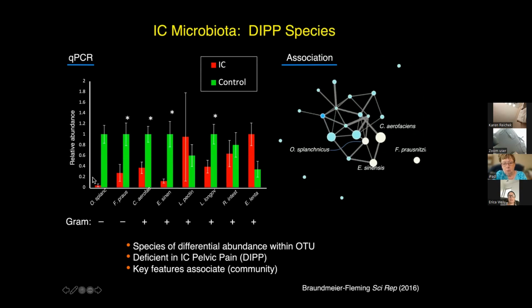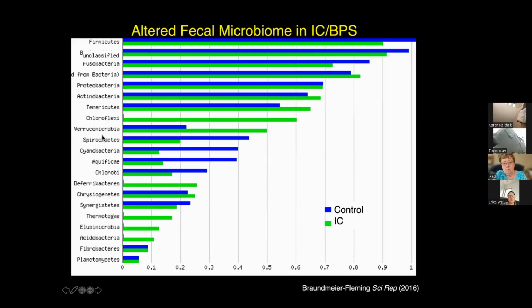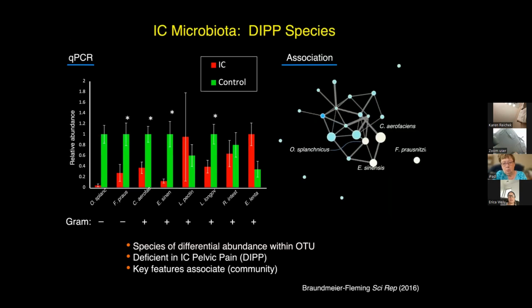And some of these, when we did careful quantitative studies, could be used as potential stool-based biomarkers for IC. We think that these might be developed eventually. It's not ready for prime time, but might be developed as stool-based biomarkers for IC.